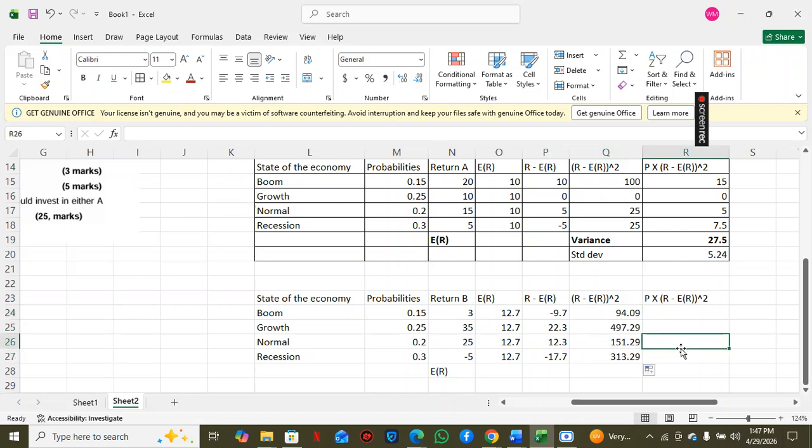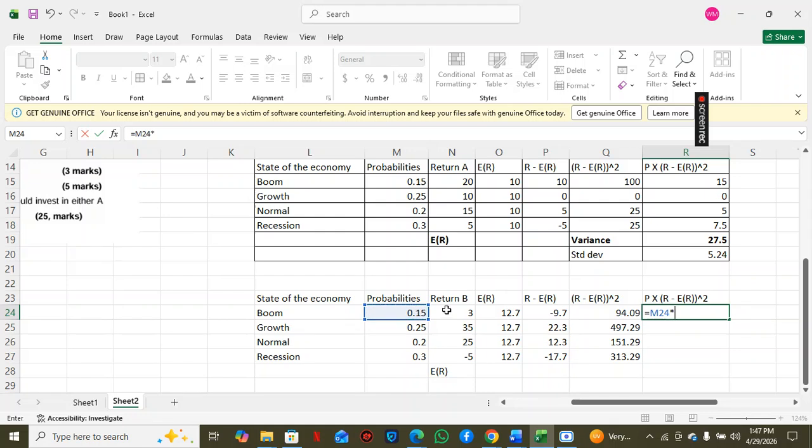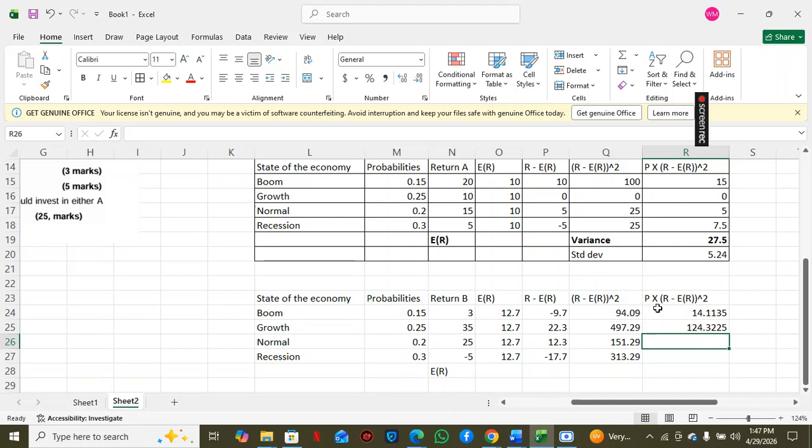Then after squaring each deviation, you multiply it with the probability. 0.15 times 94.09, 0.25 multiplied by 497.29. You multiply by the probabilities.